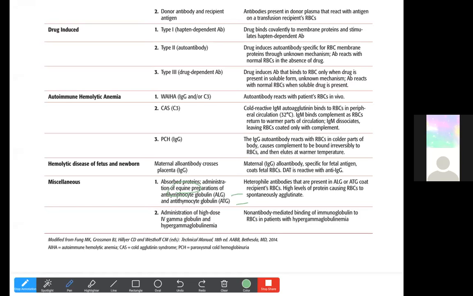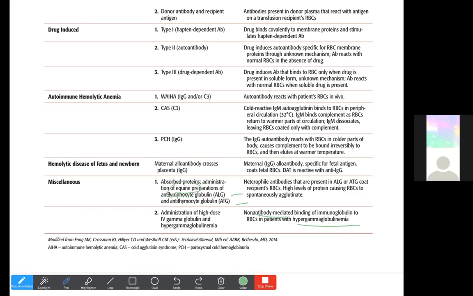These heterophile antibodies could then coat the recipient RBCs and cause a high level of proteins, causing RBCs to spontaneously agglutinate. And there could also be human-specific causes, like high dose IVIG or hypergammaglobulinemias in cases of paraproteinemias. These miscellaneous and non-antibody mediated immunoglobulins could also coat the patient's RBCs.